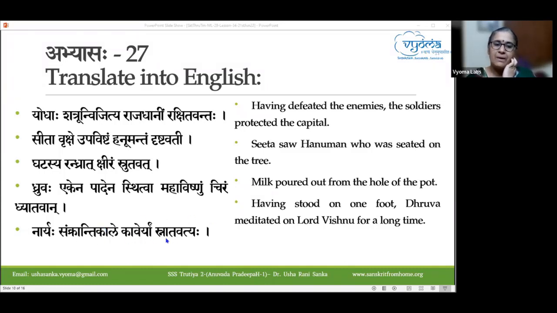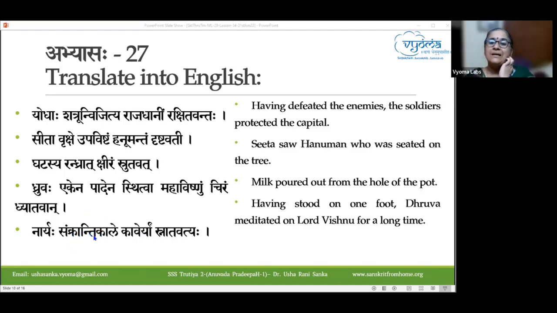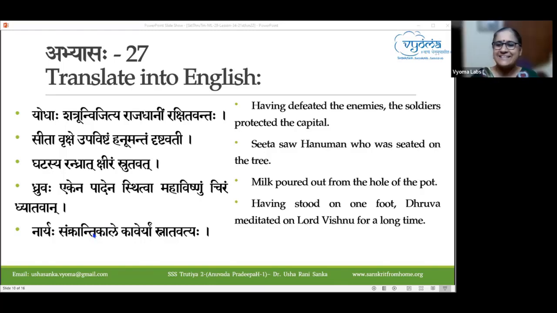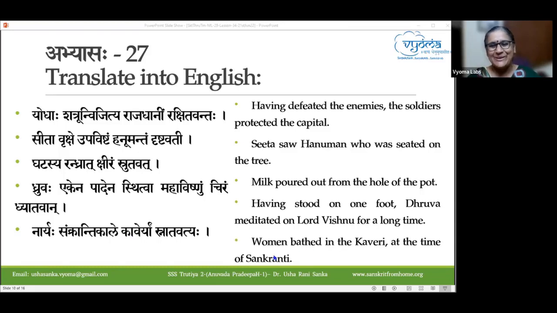Women took bath, Snatavatyah, in the Kaveri. Sankranti is during the Sankranti. We need not translate that. There is no other translation. Sankranti is Sankranti only. That's the beauty of it. So, during the time of Sankranti, at the time of Sankranti.